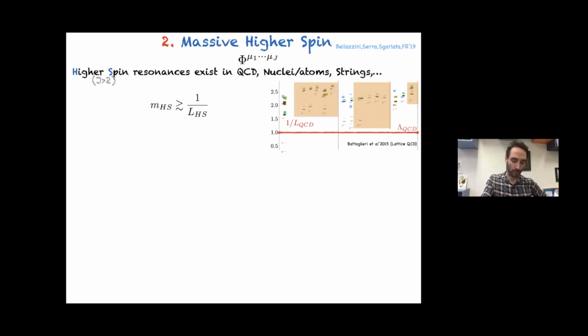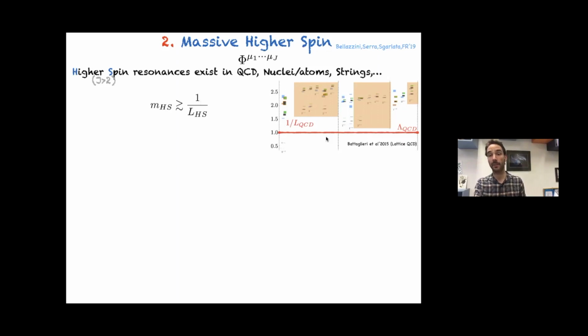There's another application which I found very interesting and has to do with massive higher spin. So massive higher spin resonances exist in QCD, in nuclei, atoms, in strings, etc. And there is one feature that is common to all these real cases that I mentioned, which is the fact that the mass of higher spin resonances happens always to be heavier than the inverse size of these resonances.